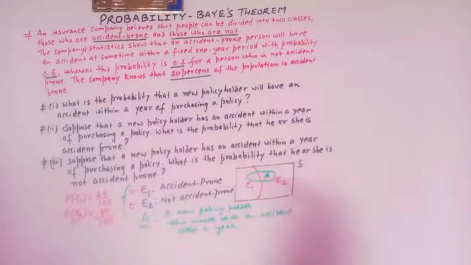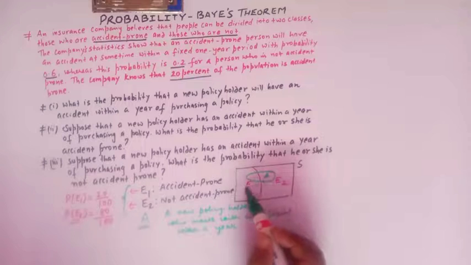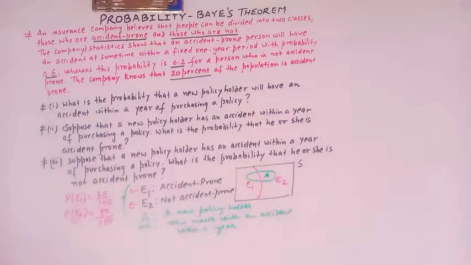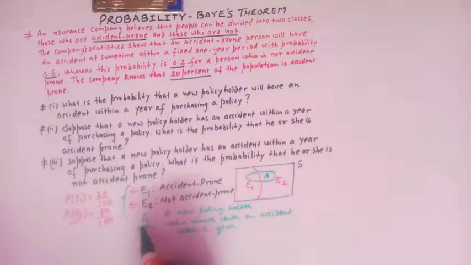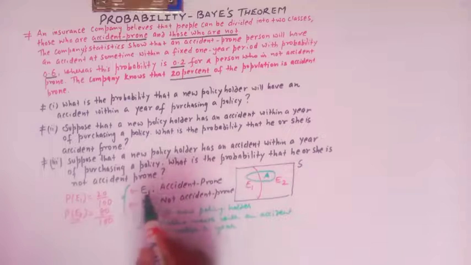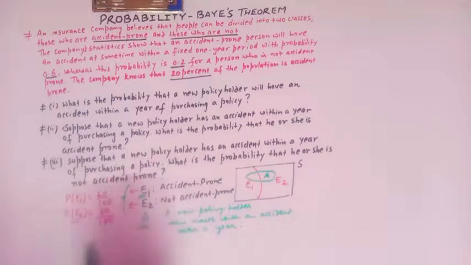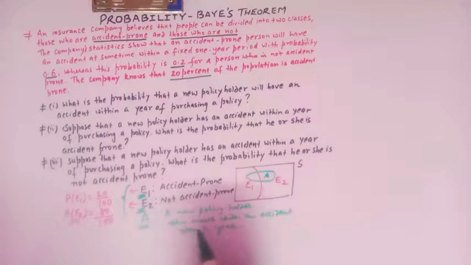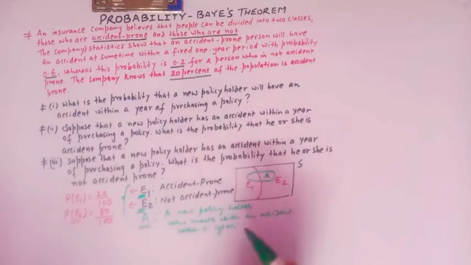Now here a question arises: why is this event A associated with events E1 and E2? Because event A is a new policy holder who meets with an accident within a year. Now this person may be from this class of people, E1, or from this class of people, E2. In other words, this new policy holder who meets with an accident within a year may be an accident prone person or not an accident prone person.